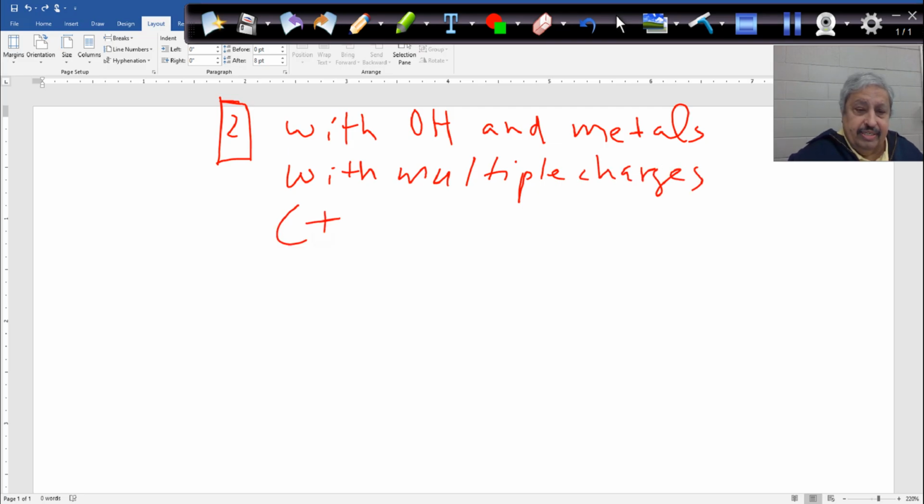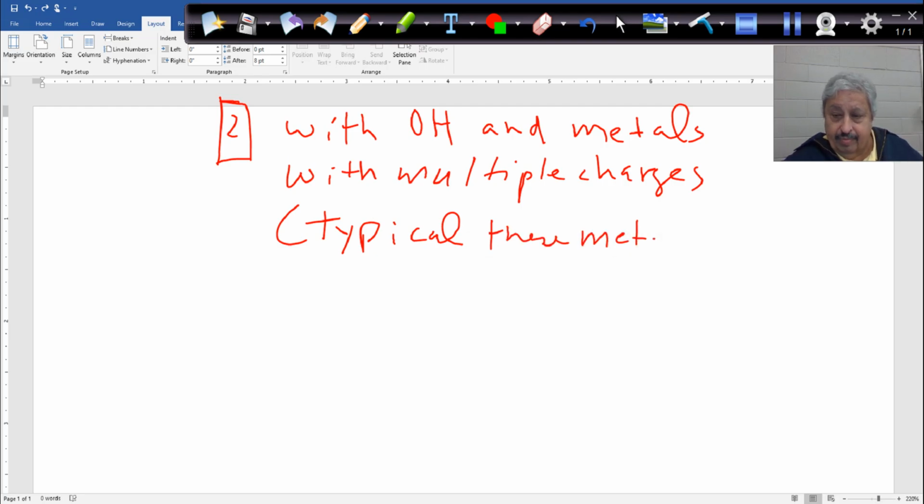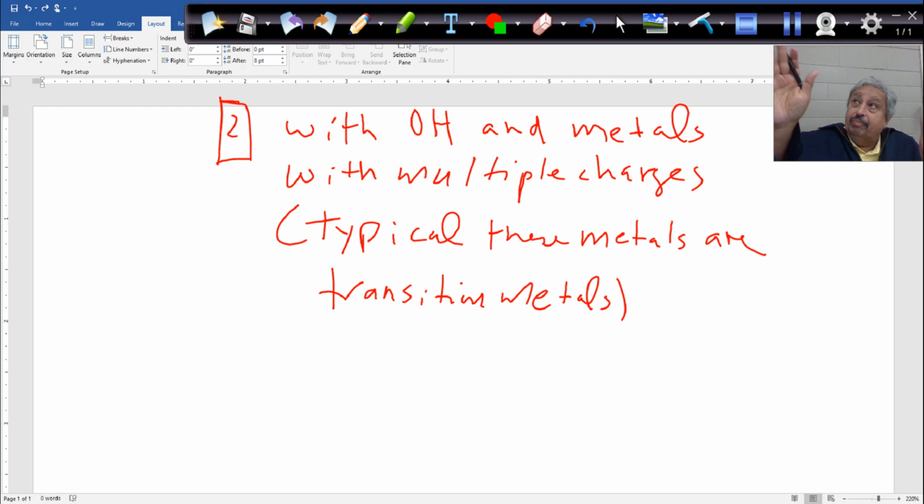And typical are really the transition elements. These metals are transition metals, in between the big in-between group, the B group. So I give you an example here.